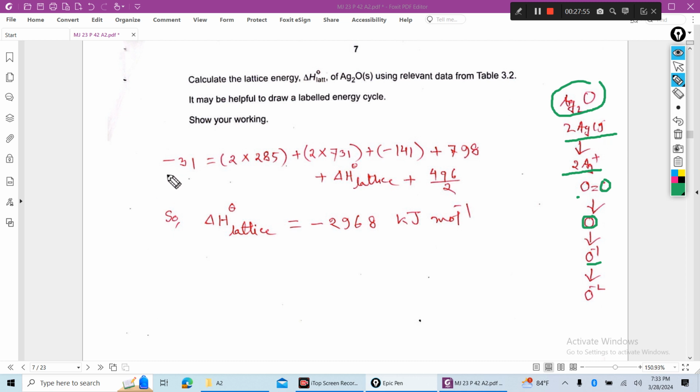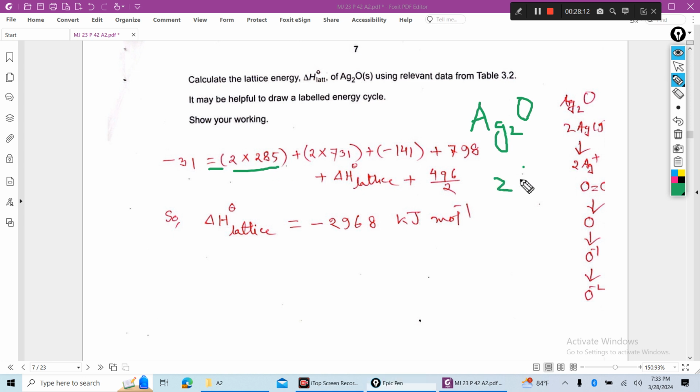So first the enthalpy of formation value is given, -31, equals 2 times 285, because silver oxide is Ag2O, so 2 silver atoms will be formed.